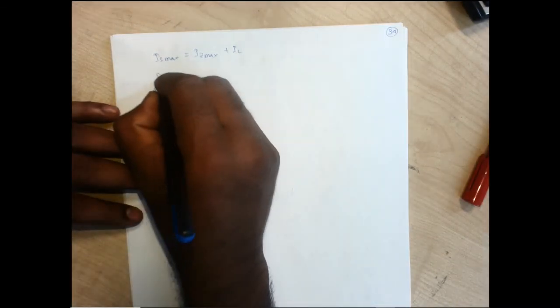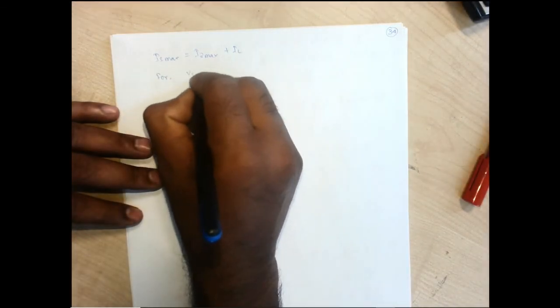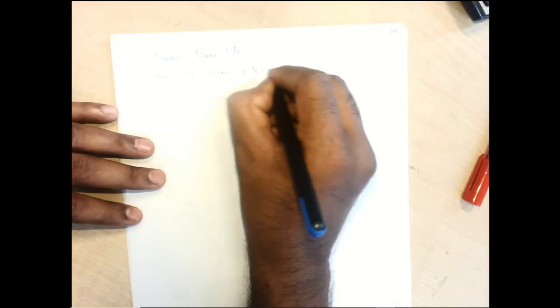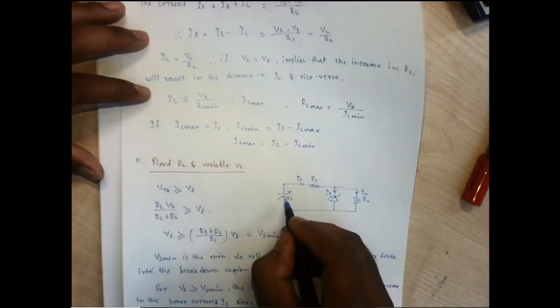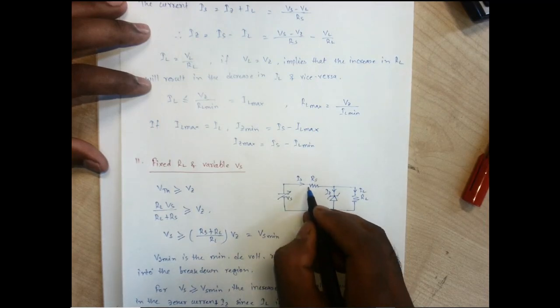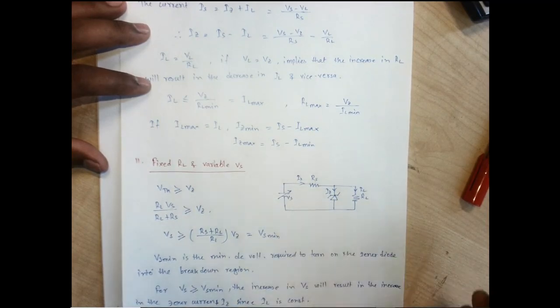So for Vs equal to Vs max and Is equal to Is max, if we apply KVL for this circuit diagram, we find Vs max is equal to Rs into Is max plus Vz.